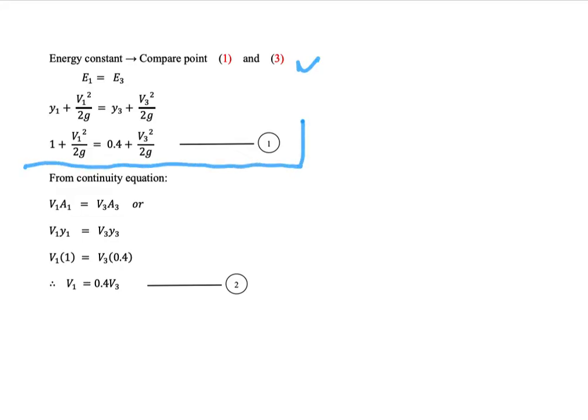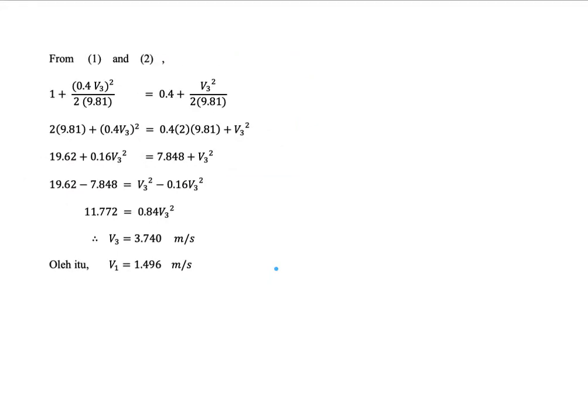From the continuity equation, we substitute the values and get another equation. From equations 1 and 2, we do the simultaneous solution, and we get the value of V3 is 3.740 meter per second and the value of V1 is 1.496 meter per second.